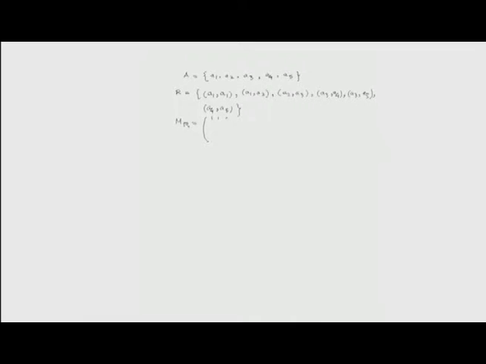This is 1 1 0 0 0, then 0 0 1 0 0 for A2, then 0 0 0 1 1, and lastly 0 0 0 0 1, and the fifth row is all 0 because A5 is not related to anything.